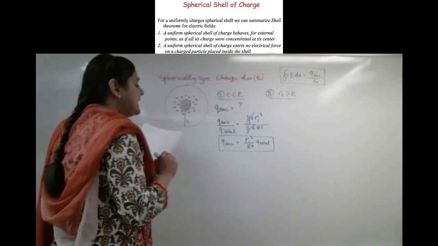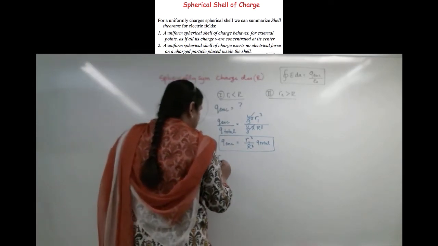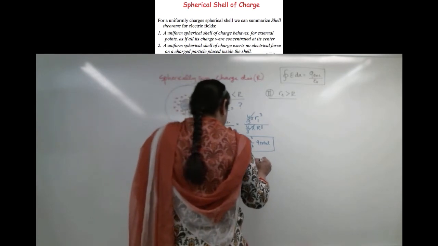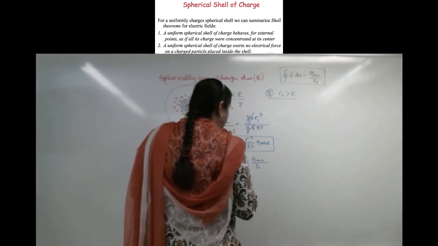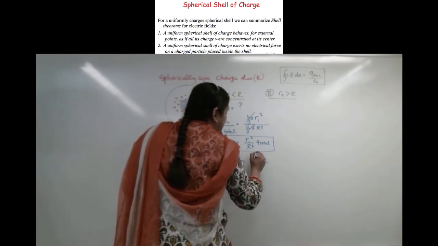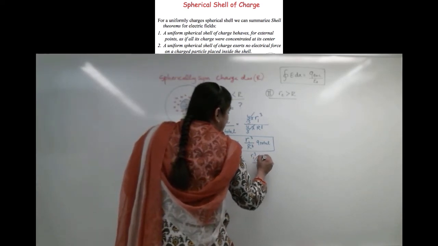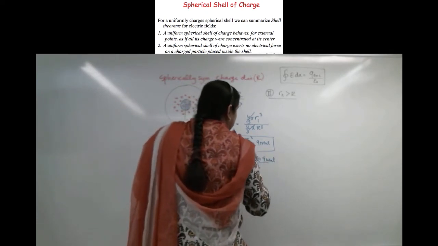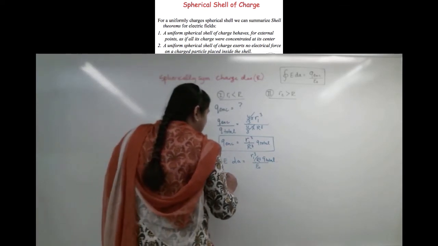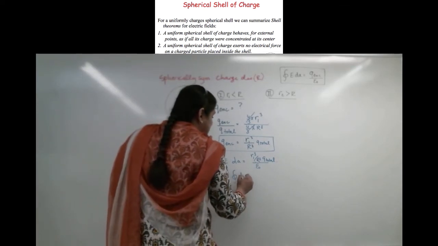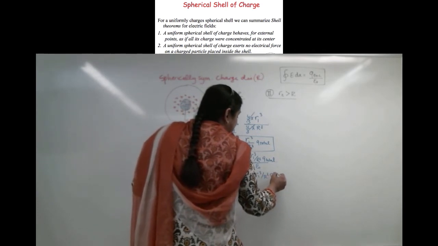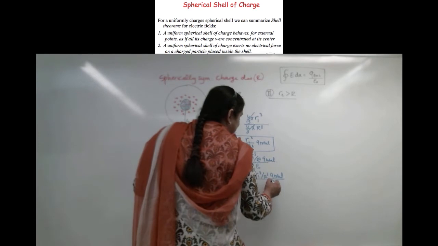Then Gauss's law says the integral of E dot dA equals Q enclosed over epsilon naught. This Q enclosed now becomes R1 cubed over R cubed Q total. Okay? E comes out common, so E times the integral of dA equals R1 cubed over R cubed Q total divided by epsilon naught.